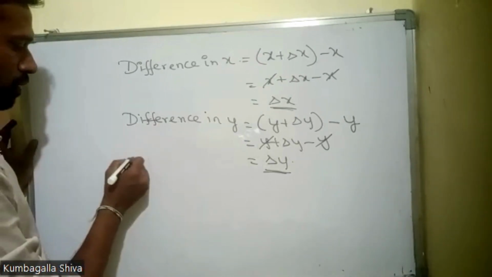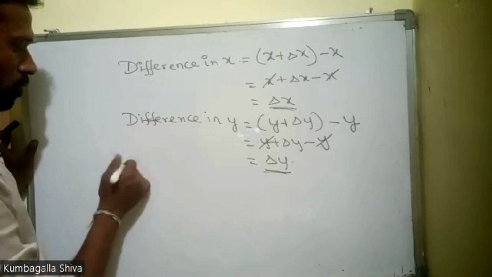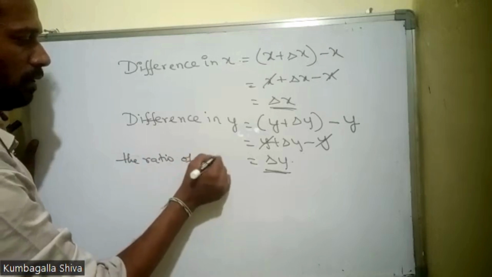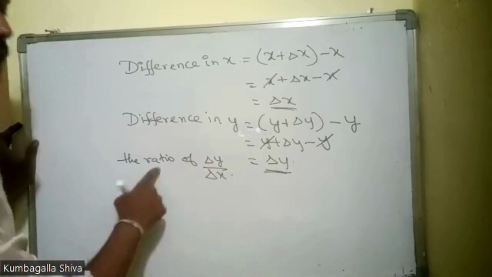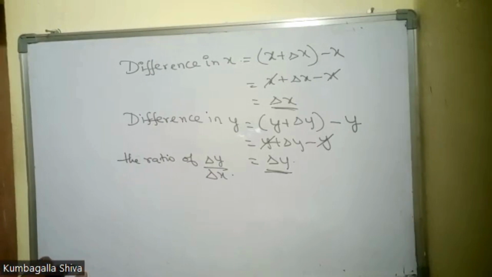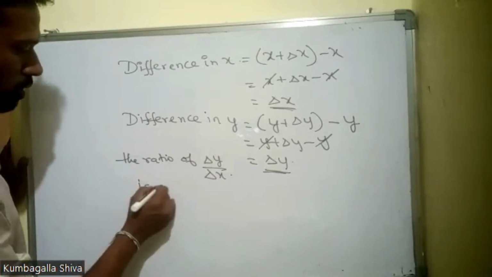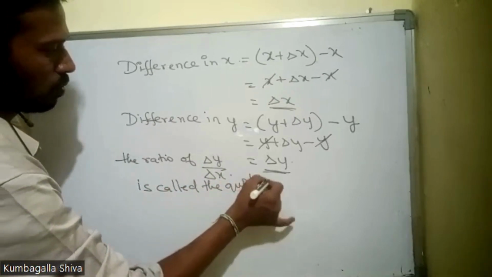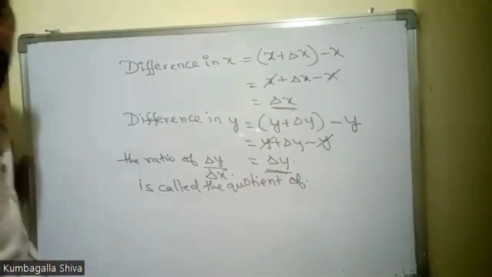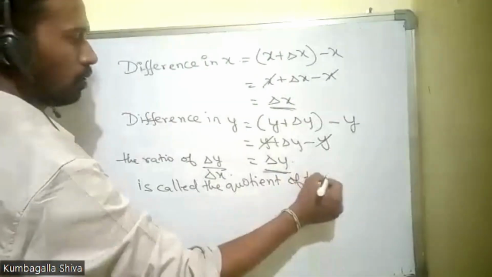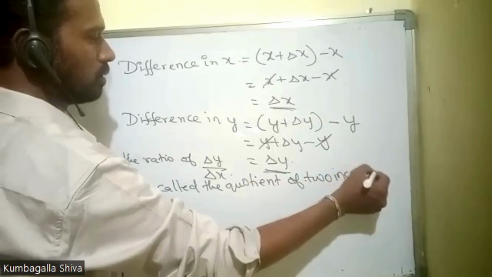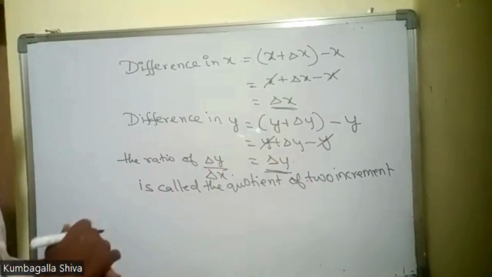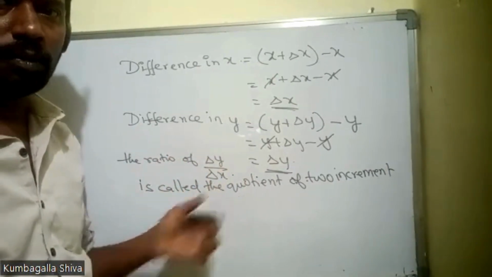And when you write the ratio of delta y by delta x, what does this mean? The ratio of delta y by delta x is called the quotient of two increments.